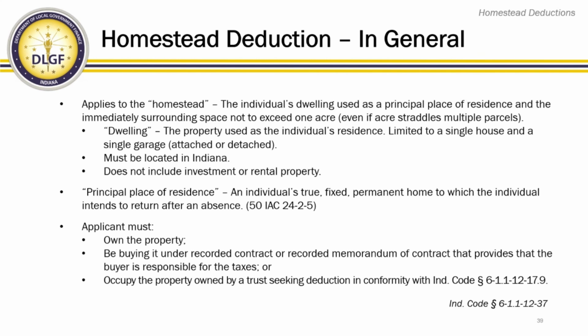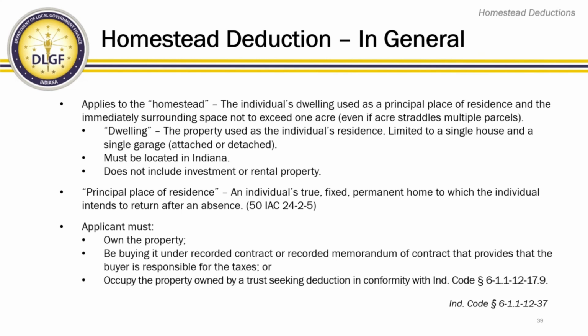In addition to it being the individual's residence, there was further clarification in code that it also includes a garage, whether it is attached or detached. That wasn't previously in code, but now it talks about a dwelling being the place where they live and 1 garage. It has to be located in Indiana, and it can include investment or rental property.